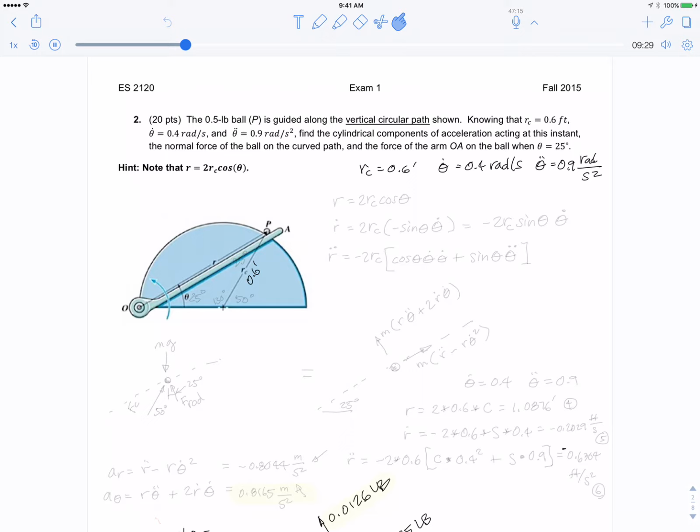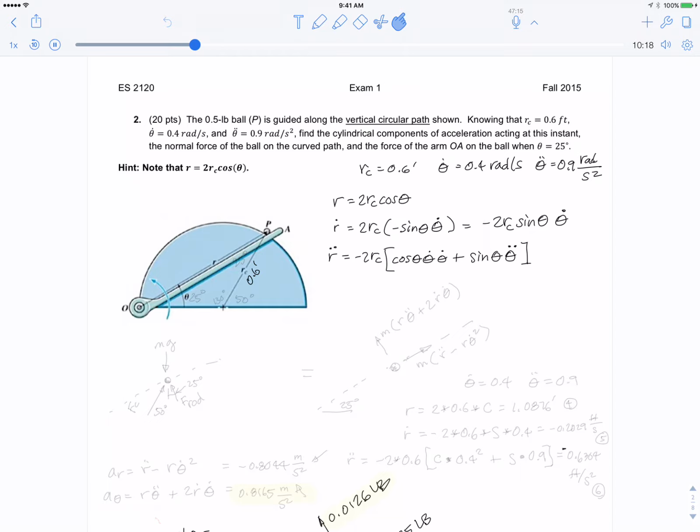It's going to involve some calculus, so let's just go ahead and start with that before I do the free body diagram. So R equals 2RC cos theta. R dot is minus 2RC sine theta, theta dot. And so then R double dot using the product and chain rule will be minus 2RC cos theta, theta dot, theta dot, plus sine theta, theta double dot.